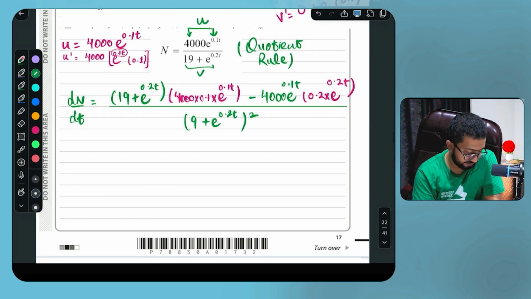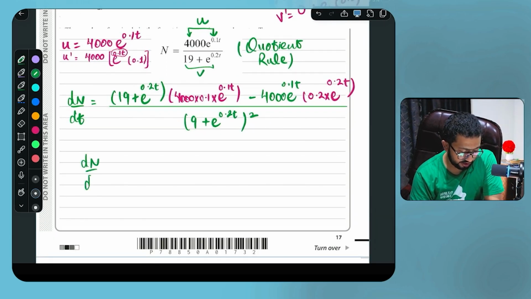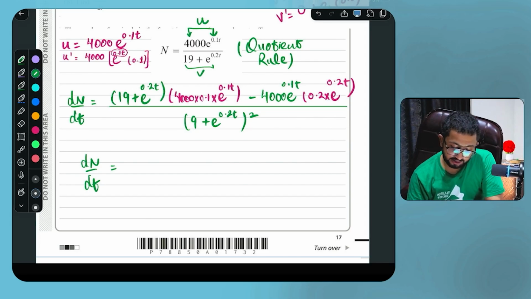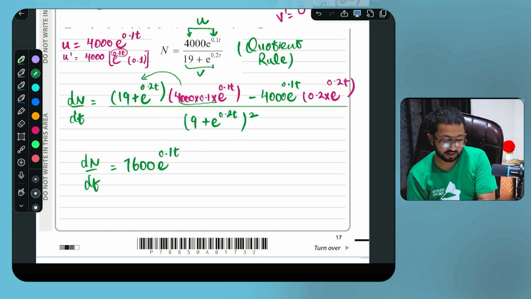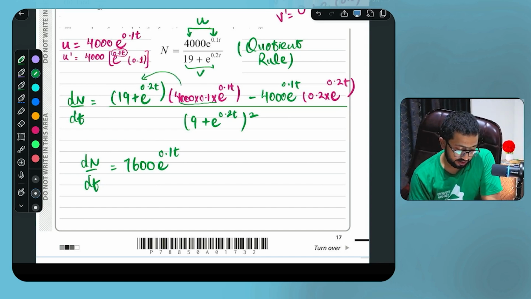Perfect. So let's simplify further if it is possible. 4000 times 0.1 times 19, so 7600 e raised to power 0.1t. But just multiply this one inside the bracket, and plus 400.